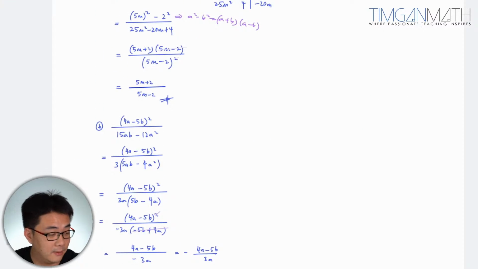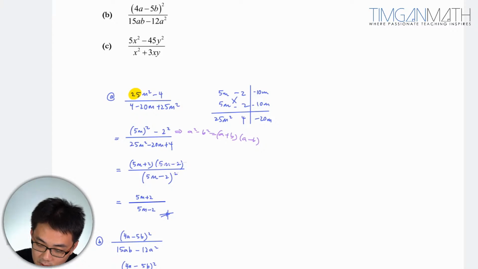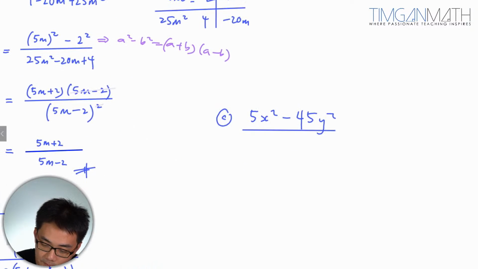Let's look at part C. For part C, it's a pretty interesting one. Part C, what we have is 5x squared minus 45y squared over x squared plus 3xy.